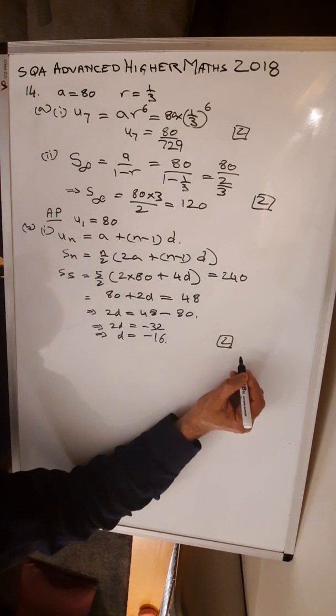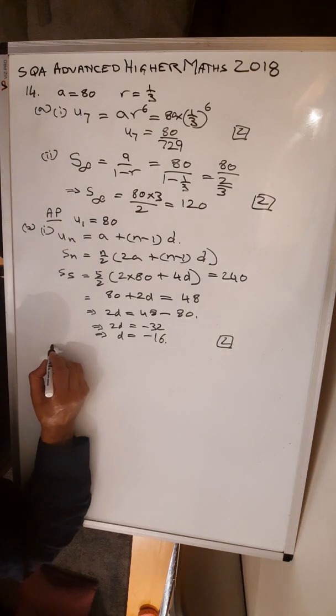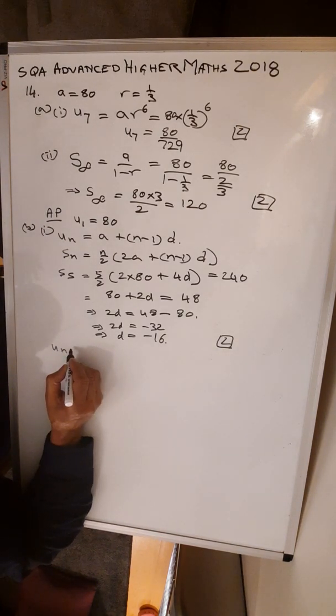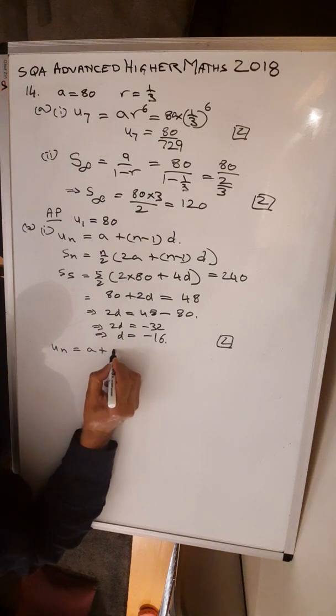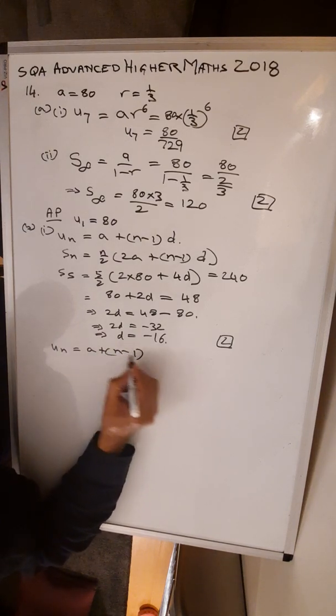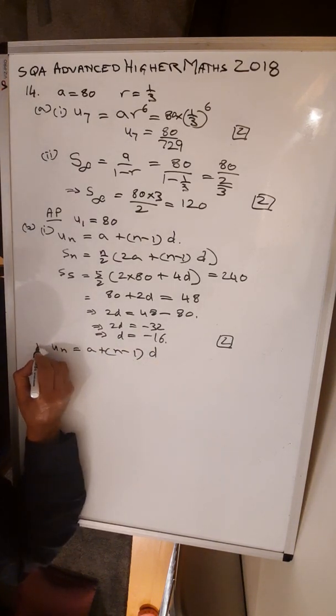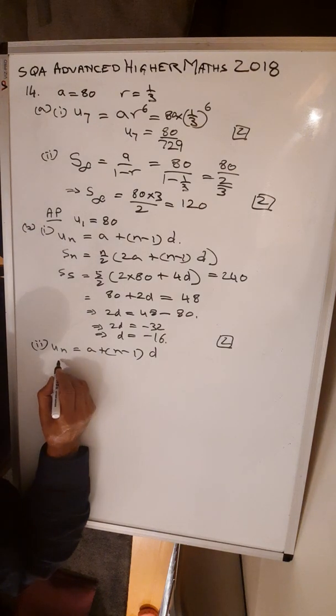Write down and simplify an expression for the nth term, Un. Un is equal to a plus n minus 1 d. This is the second part of b.